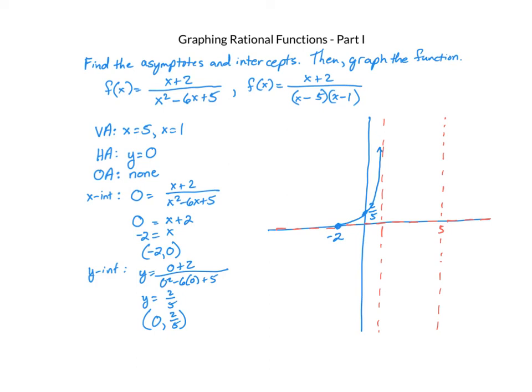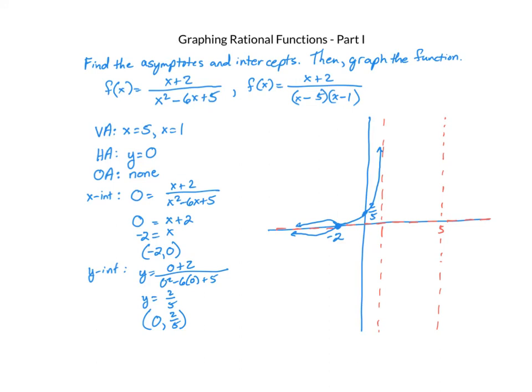Now at -2, one of two things can happen. It can just touch, but it would still have to come back down and approach the asymptote since we have that horizontal asymptote, or it can cross and come back up and approach the horizontal asymptote. Notice there are no more x-intercepts, so it will not cross the x-axis again.